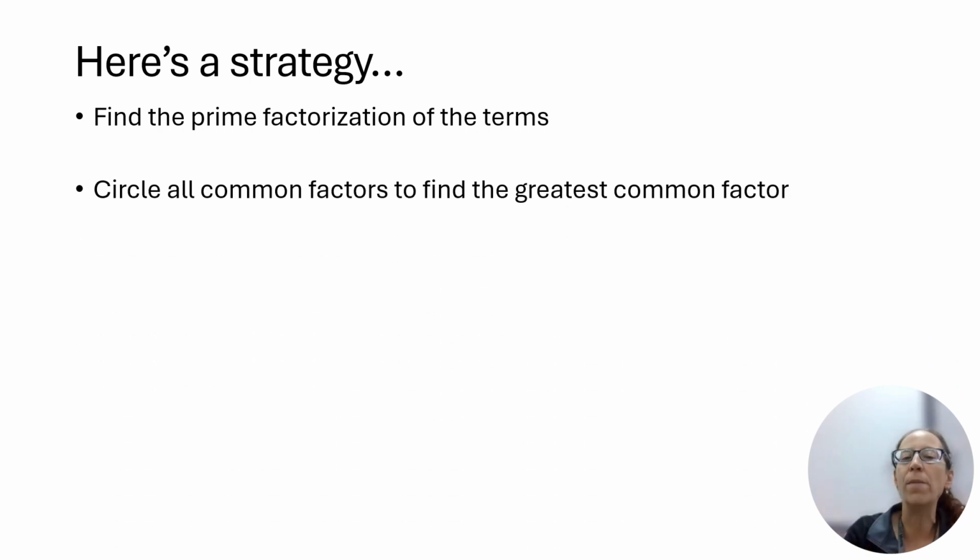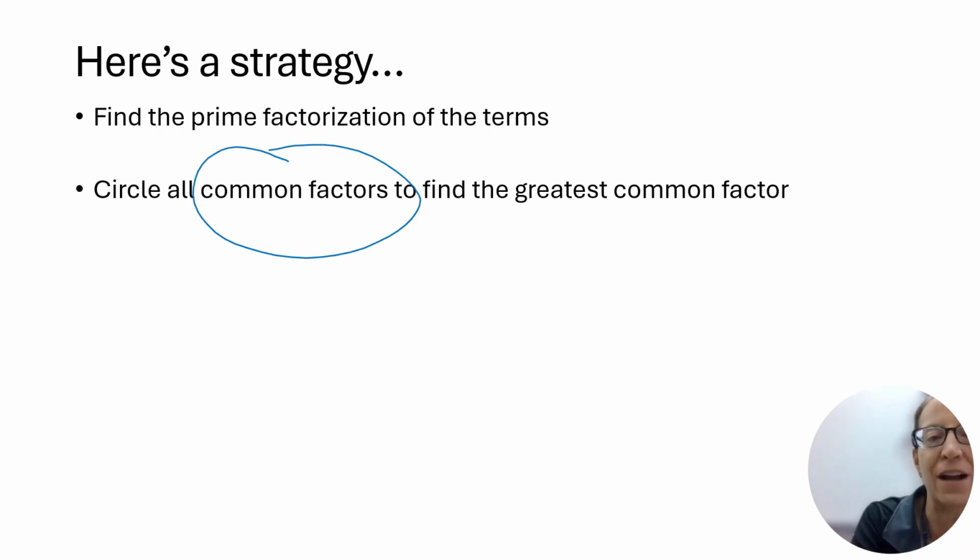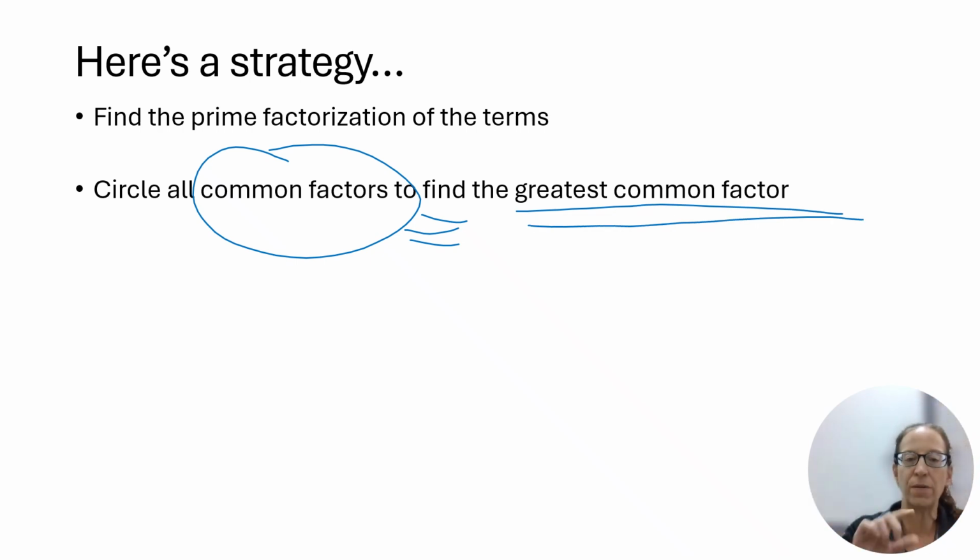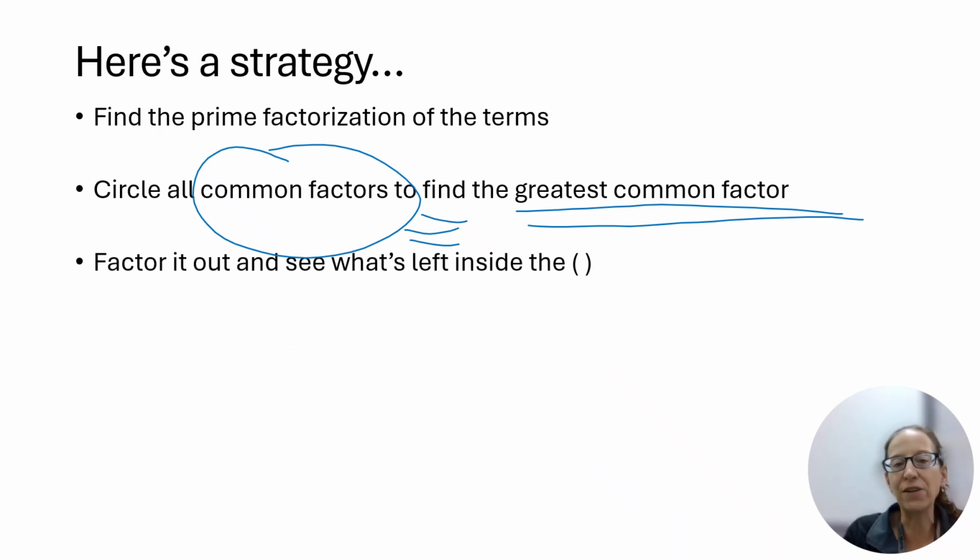Circle all the common factors. Now notice I didn't say circle the greatest common factor. You're going to circle all the common factors to find the greatest common factor, because the greatest common factor will be the product of all the common factors. And then factor it out and see what's left inside the parentheses. So you're going to circle them all, and then anything that doesn't get circled is still left behind.